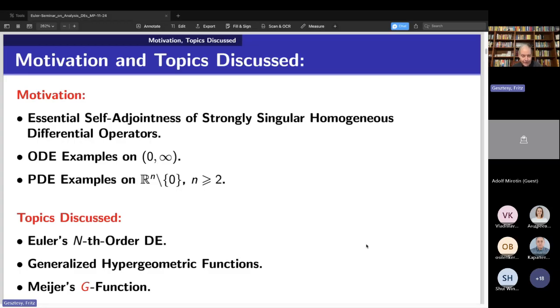And we had in particular looked at ODE examples on the half-line or PDE examples on Rn minus the origin. So the singularity will be at the origin. And you will see that we'll be looking at the nth order Euler differential equation, generalized hypergeometric functions, and most of all, Meyer's G function.